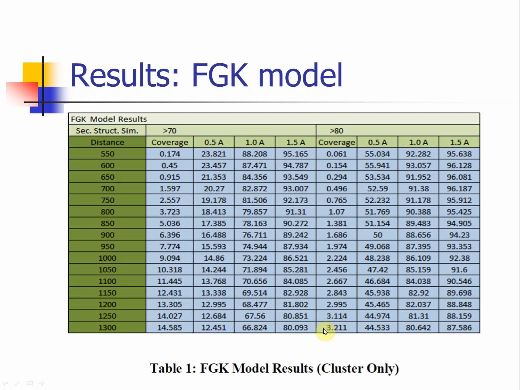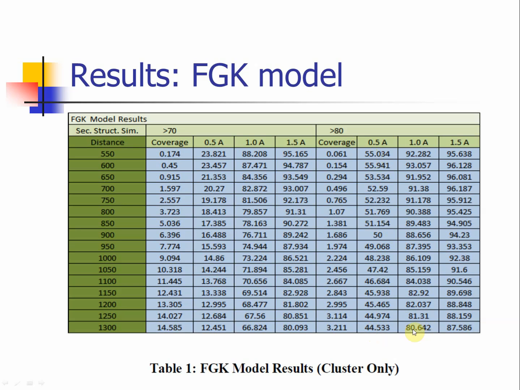And you can see that when we come to 1,300 distance threshold, we have much more predictions than this one. The accuracy, the percentage of the predictions less than 0.5 Angstrom, is lowering from 55 to 44.